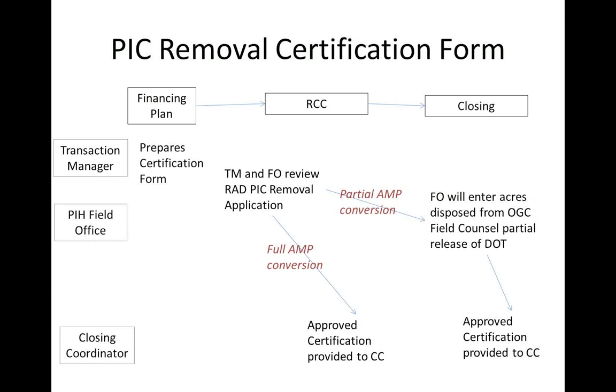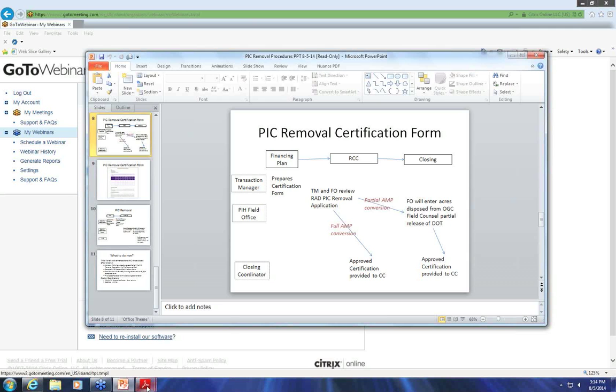So we've got a PIC removal certification form that the transaction manager downloads and completes. It's very brief. Leanne, can we just go down to the next page, or we can switch over to it if you want. Either way, yeah.